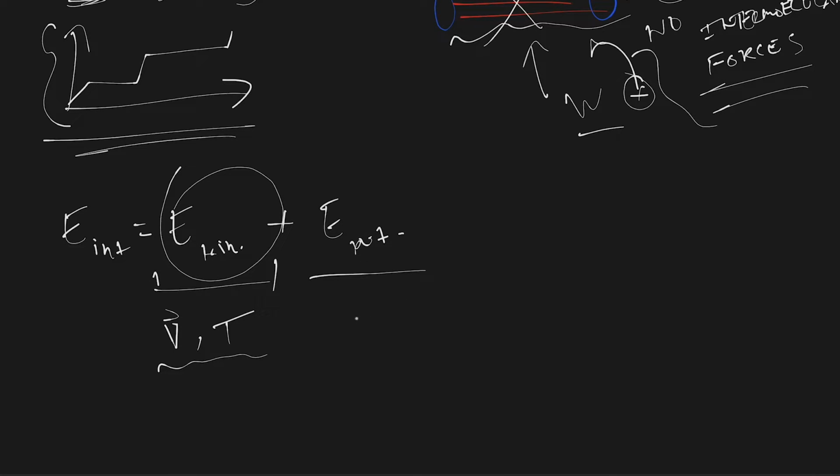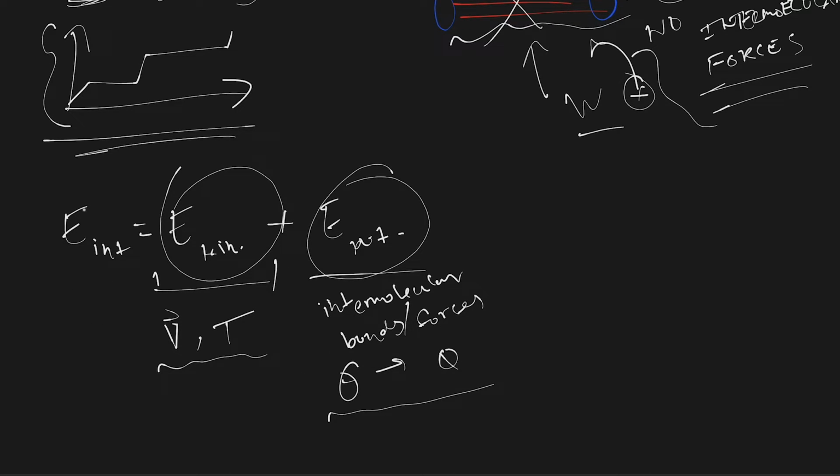The potential energy relates to the intermolecular bonds or forces, and is usually negative, or it can go to 0. That's potential energy, and that's what makes up internal energy. So there are two components that we need to know. Whenever a question is talking about internal energy, they mean kinetic or potential, and you must identify which one you need to use. We're going to do that in some practice problems later.